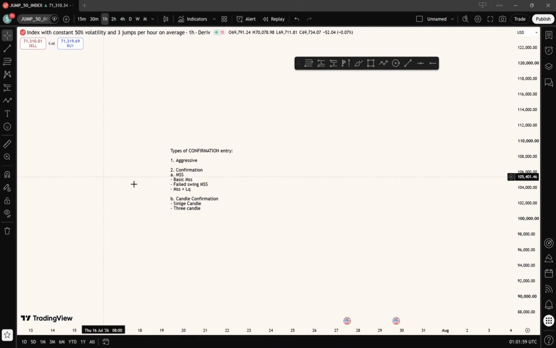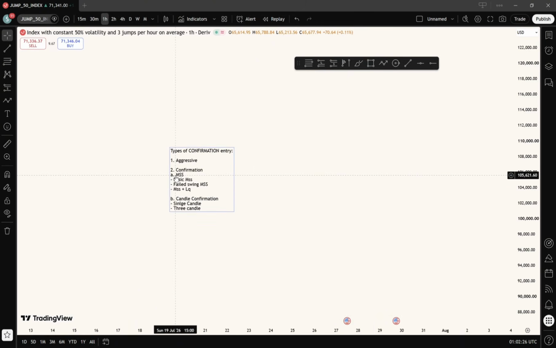Then let's go down to confirmation entry. Under confirmation entry, I have two types I use personally: the MSS and the candle confirmation. Now let's talk about the MSS. I'll be using a line chart to explain all this, then after that, we'll go down to the main chart to see how this plays out.